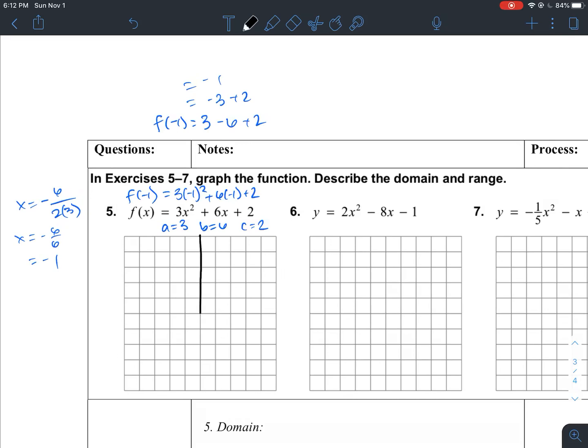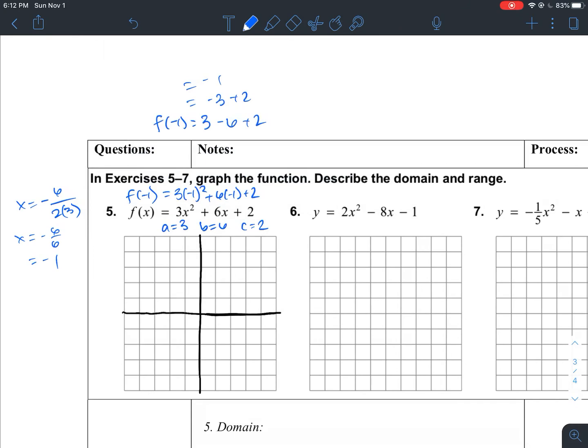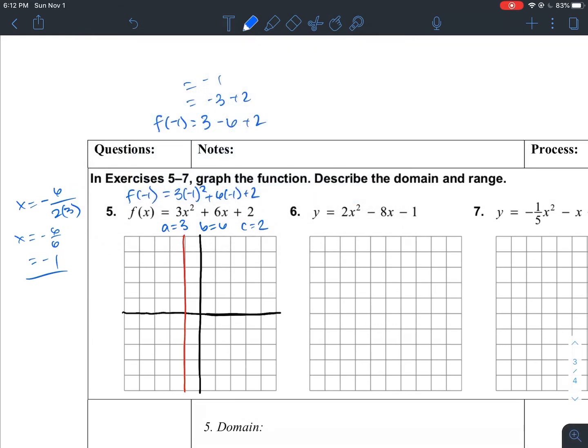So right here, if I draw my y-axis and my x-axis like that, my axis of symmetry is at negative 1, and my vertex will be at negative 1, negative 1, so right there.